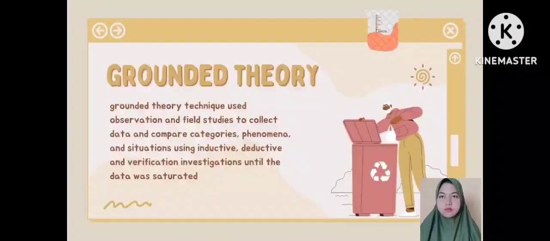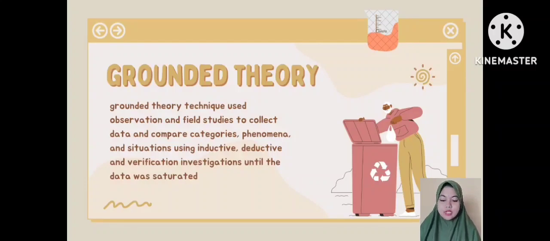Thank you. Okay, the other qualitative research method is grounded theory. Grounded theory is a qualitative research method that uses a set of systematic procedures to inductively develop a theory about a phenomenon.